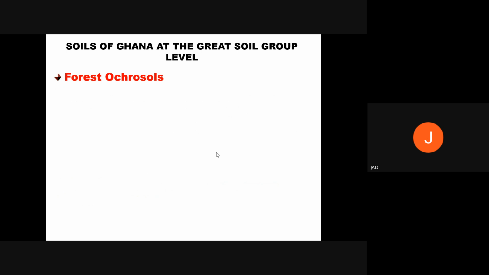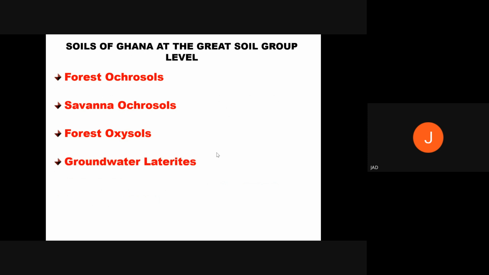Acrisols are classified into two main types. We have the forest acrisols in the wet southern areas. Then we also have the savanna acrisols in the drier northern regions of the country. Then we have the oxisols. The oxisols are highly weathered tropical soils found in warm, moist climates, characterized by their deep, well-drained structure and, of course, low fertility.